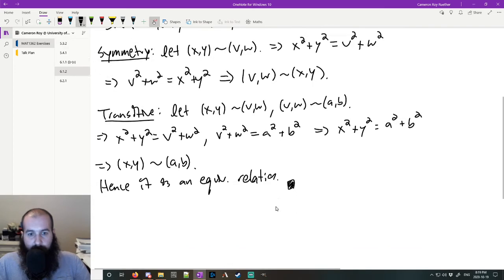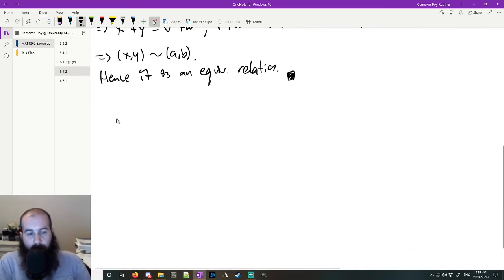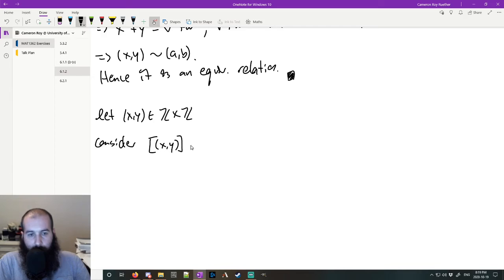To see the equivalence classes, we can take an arbitrary element in the set, which is the Cartesian product of Z cross Z, and we can consider its equivalence class, which by definition is the set of all other pairs vw in the set such that the pair xy is related to the pair vw.